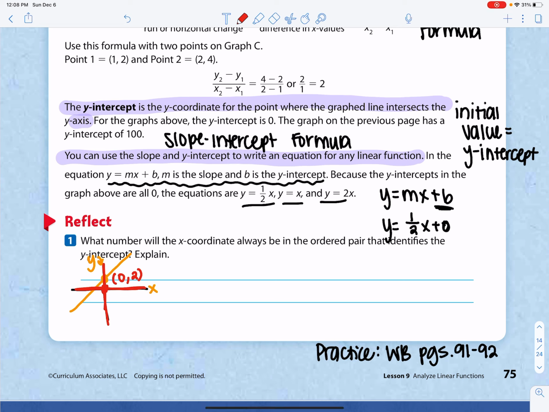So if I'm finding the y-intercept, it has to be when my x equals 0. It'll be when x equals 0 because the x-coordinate for the ordered pair of any y-intercept is 0.